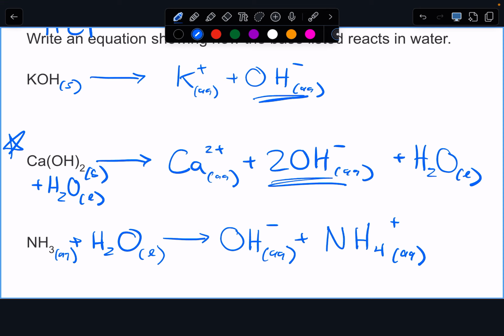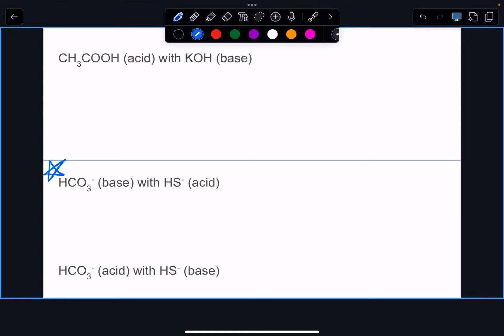Okay, let's do acids and bases reacting with each other when we're not having water as the acid or the base. Okay, so I'm going to do the first two, and then I'm going to have you do the next, not all of those. Maybe we'll do this one and these ones, because those are a little bit interesting.